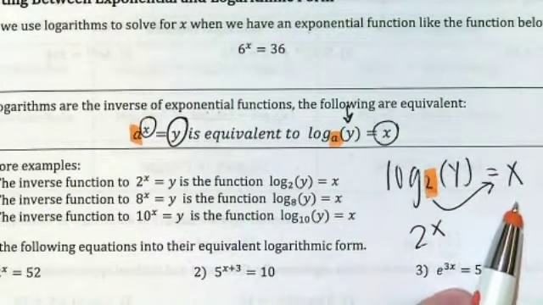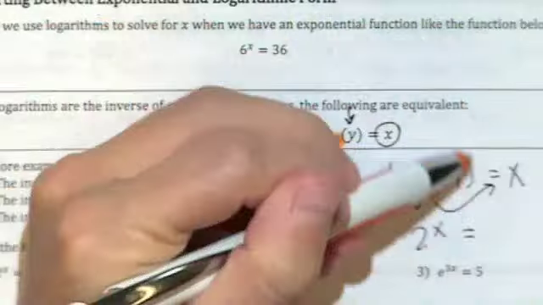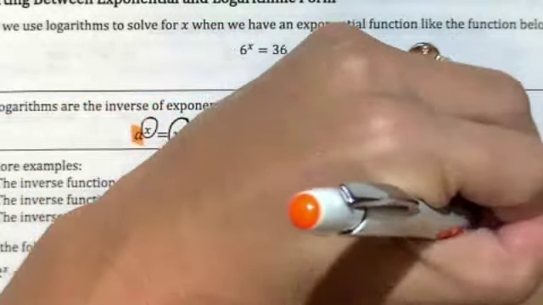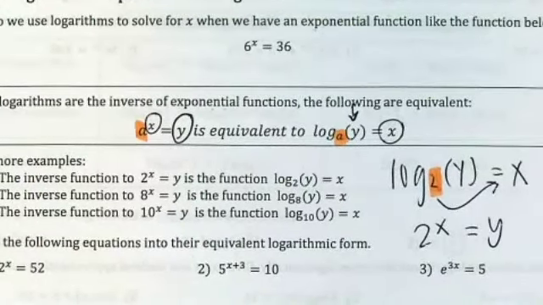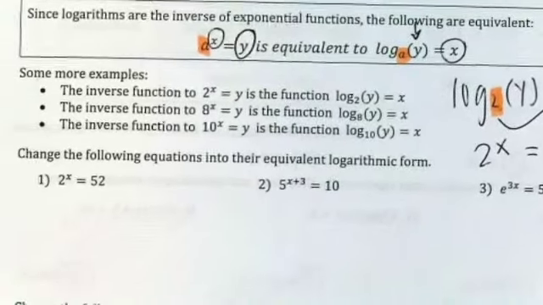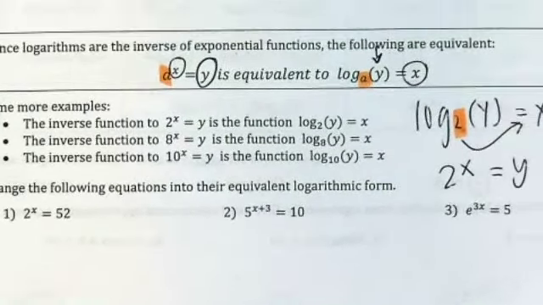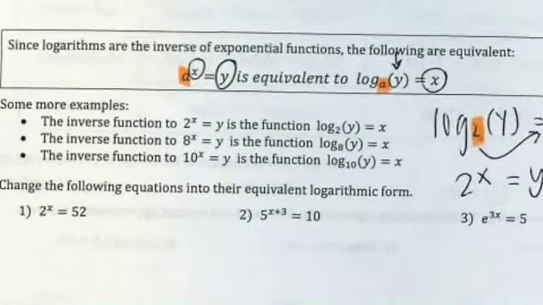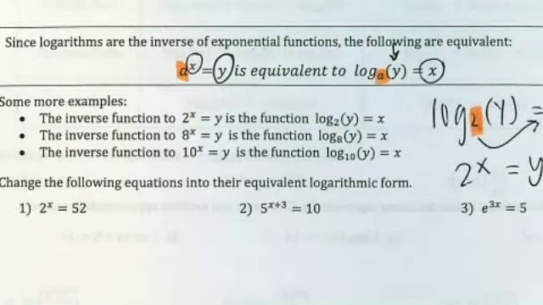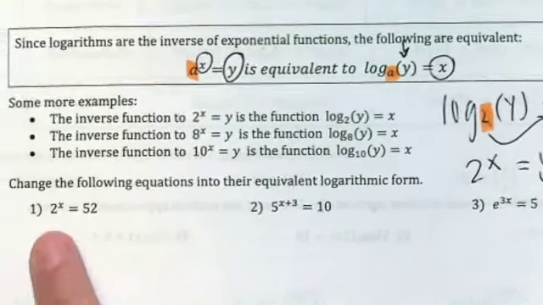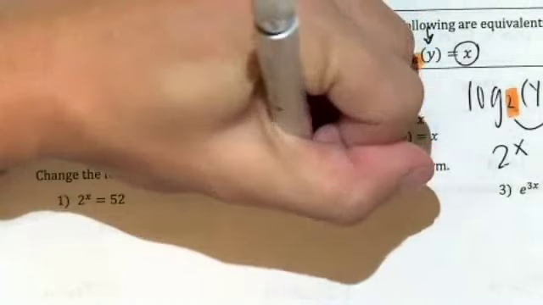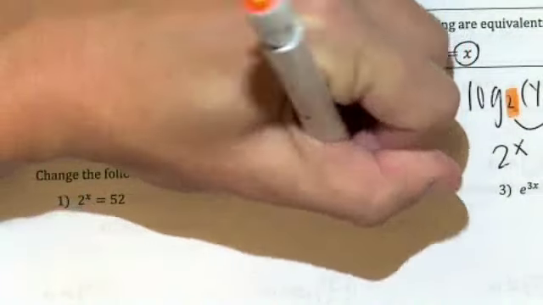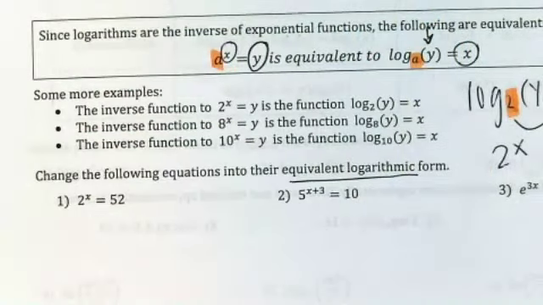It's pushing up the x, and it's equal to whatever that big number was. And when you change from exponential to logarithmic form, this big number with the exponent is always your base. So if I'm going from exponential form to logarithmic form, this is my a.